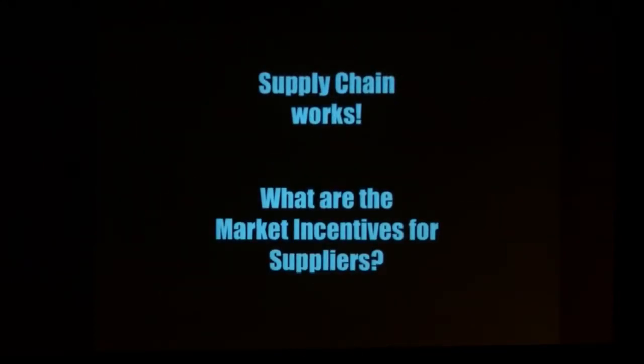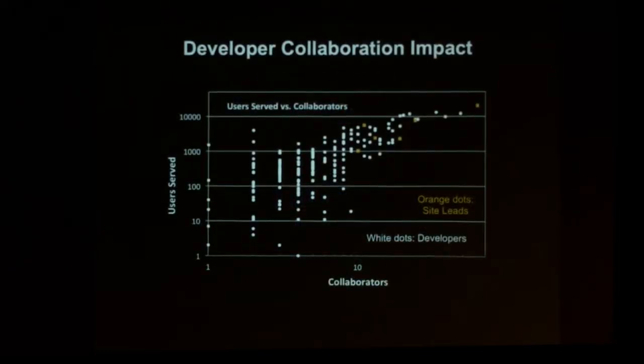So the supply chain seems to work, but now the question remains, what are the market incentives for these suppliers? Why should they contribute, right? So let me highlight some of those. So here I'm showing you a different chart where each dot is a supplier, or call them software developer. And they're charted as a function of number of collaborators they have on this axis versus the number of users they serve.